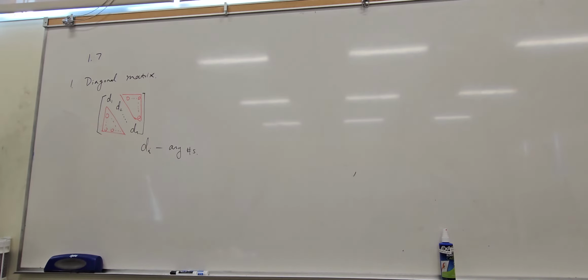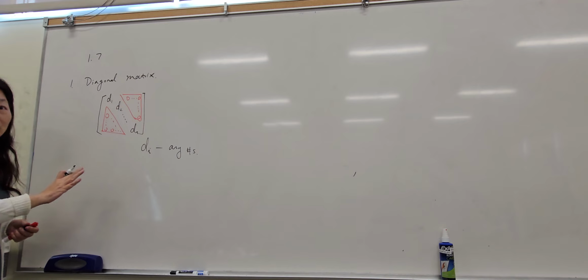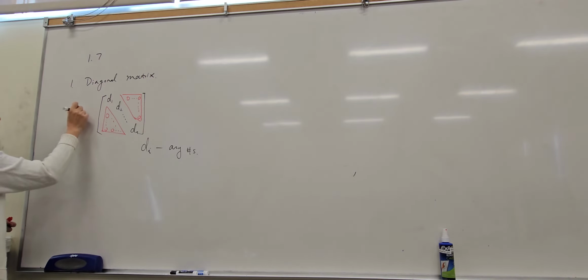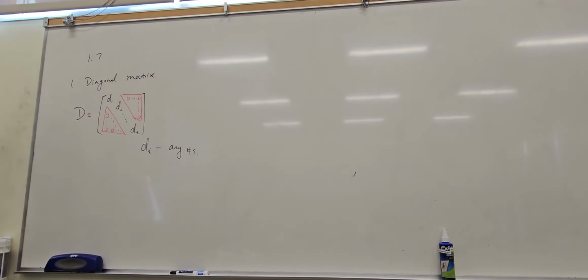Now remember, when you do your work, you want to use a special matrix. You don't want to find just any matrix because the special matrix gives you a lot of character. So what kind of character did they give to you? For a diagonal matrix, we usually use a big D, which stands for diagonal matrix.